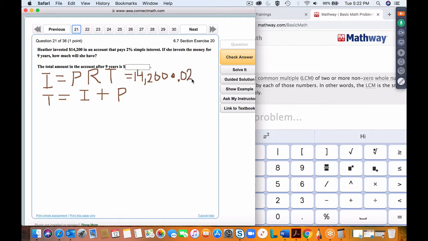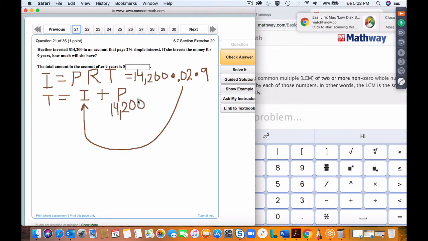You have to change it to a decimal by moving the point twice to the left, and then times 9 years. So this will give you the interest, and then you have to add the principal, which is this number. Then right here you add this number again to find the total amount. That's it. That's all you have to do.